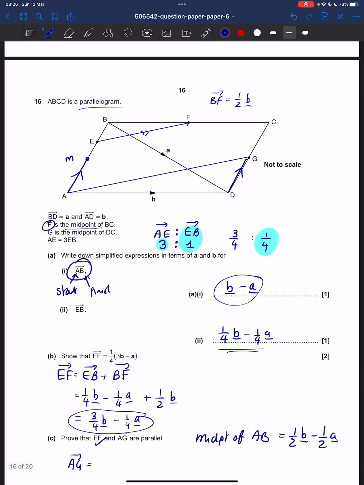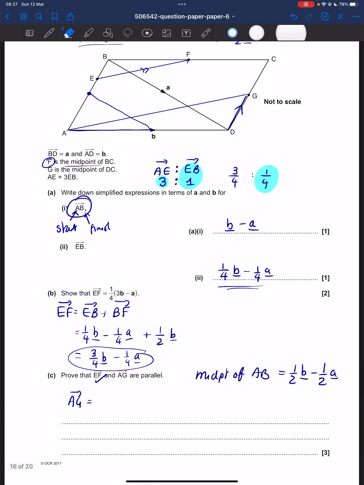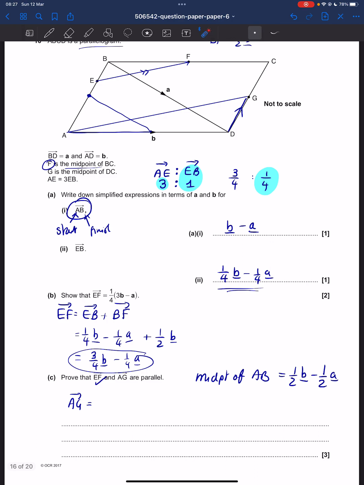Okay, and I'll just show you that with a diagram. So we do 1/2 of the b minus 1/2 of the a, which takes us to the midpoint of AB. Okay, and it's 1/2 of that basically. So A to G is actually going to be b plus this, which is parallel to this. So it's actually b plus 1/2 b minus 1/2 a.